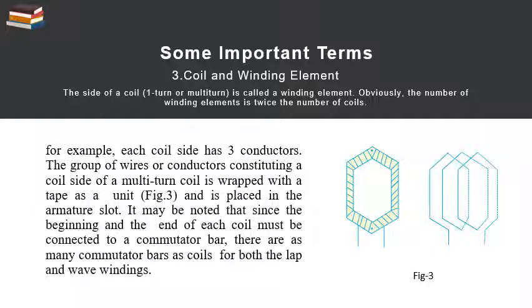The group of wires or conductors constituting a coil side of a multi-turn coil is taped together as a unit and is placed in the armature slot. It may be noted that since the beginning and the end of each coil must be connected to a commutator bar, there are as many commutator bars as coils for both the lap and wave windings.